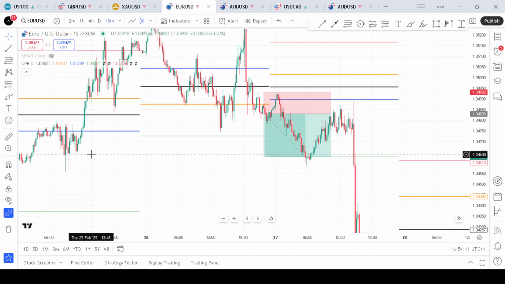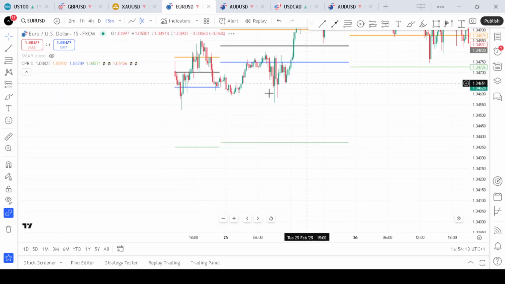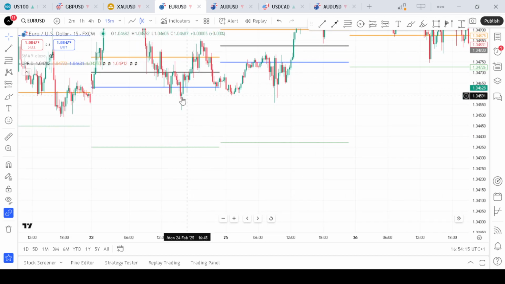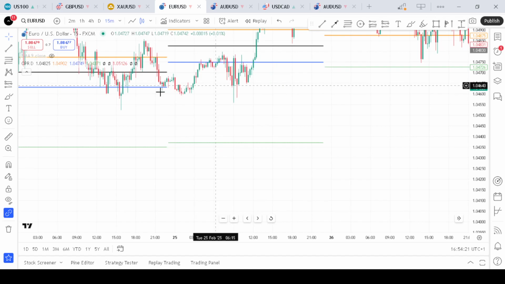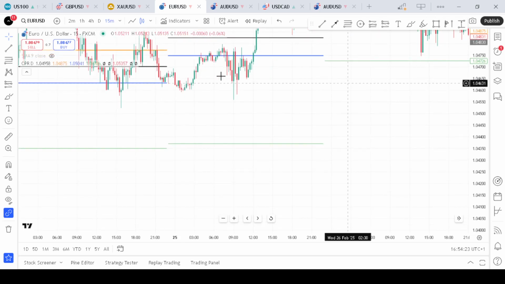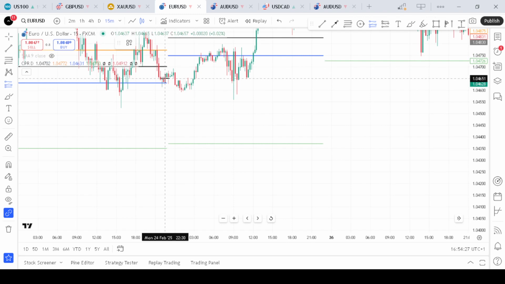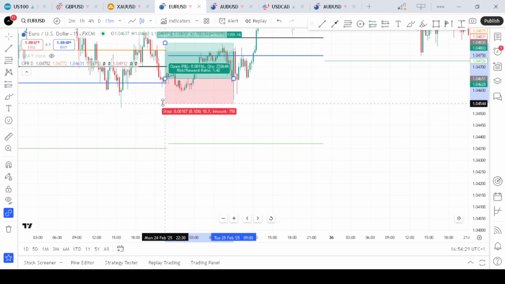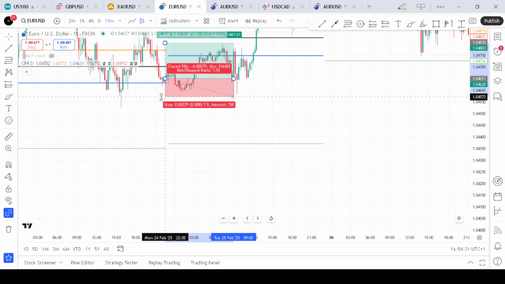So for your buying position, all you need to do is wait for price to break through the blue line, price come back to retest the blue line. You look for your candlestick pattern at that area, you enter your trade at that particular area, you put your stop loss just below the top pivot point area.